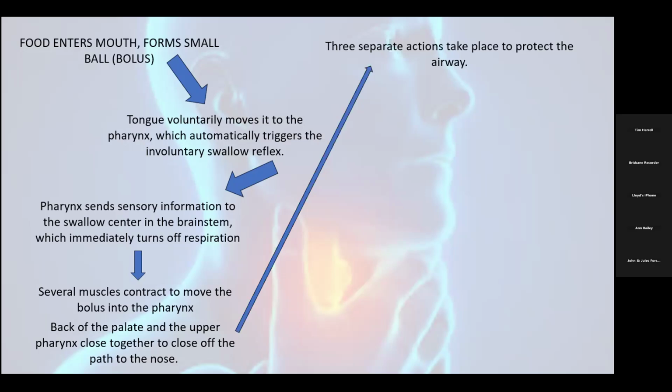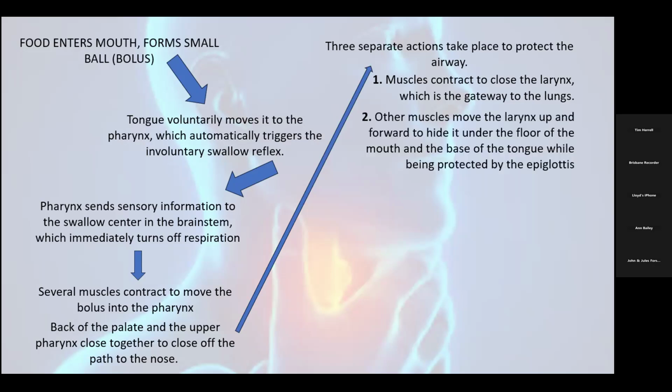Three separate actions then take place to protect the airway, and this is where it gets interesting. Muscles contract to close the larynx, which is the gateway to the lungs, as we've spoken about. Larynx, voice box, trachea. Other muscles move the larynx up and forward. Everybody do a little swallow.